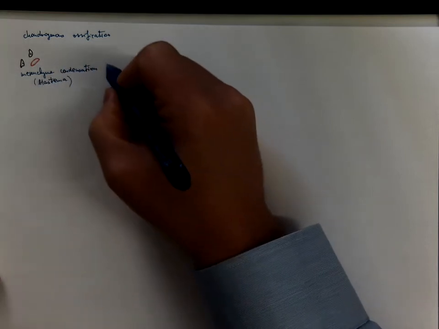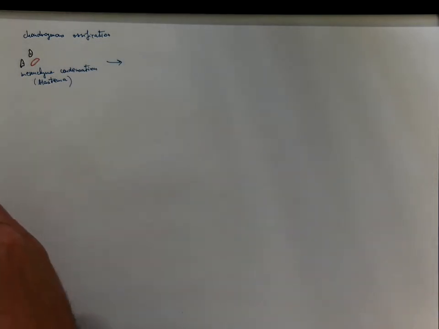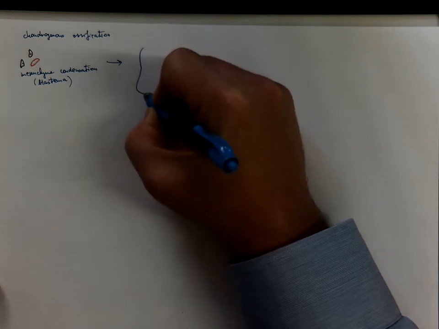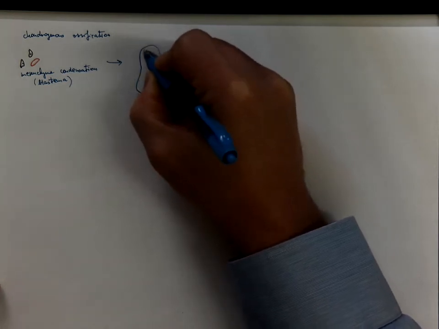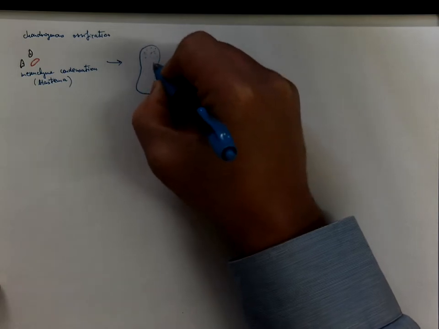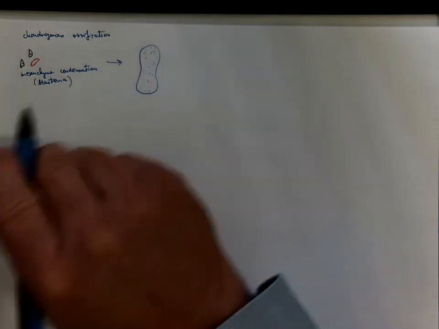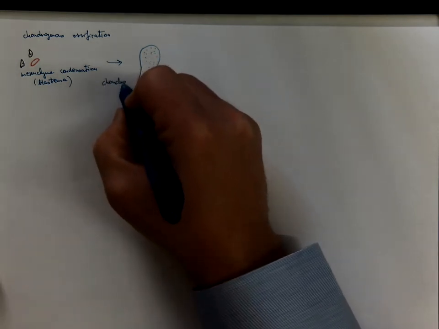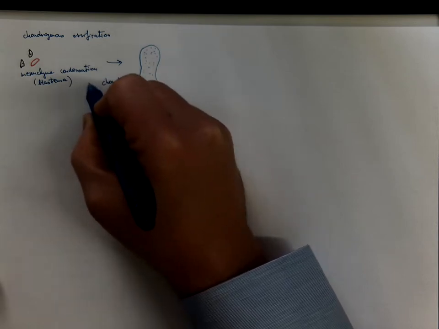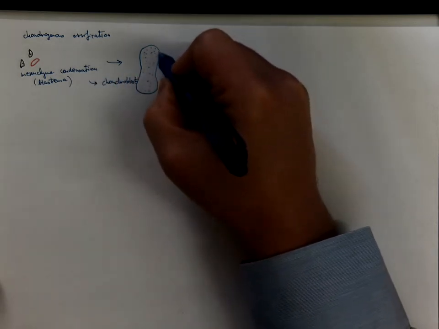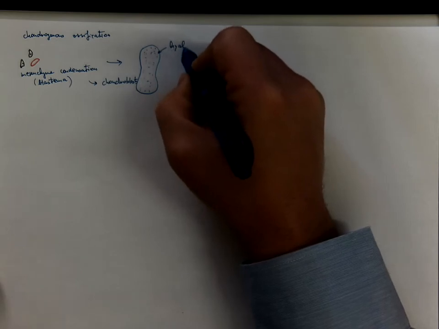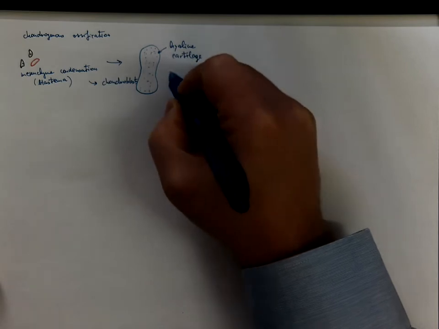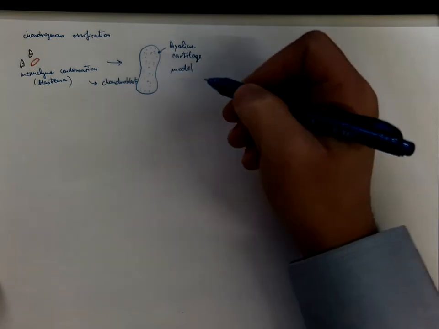It's called blastema, and it turns to hyaline cartilage that forms kind of a model of the prospective bone. So we got chondral cells, and they form the hyaline cartilage model of the bone.